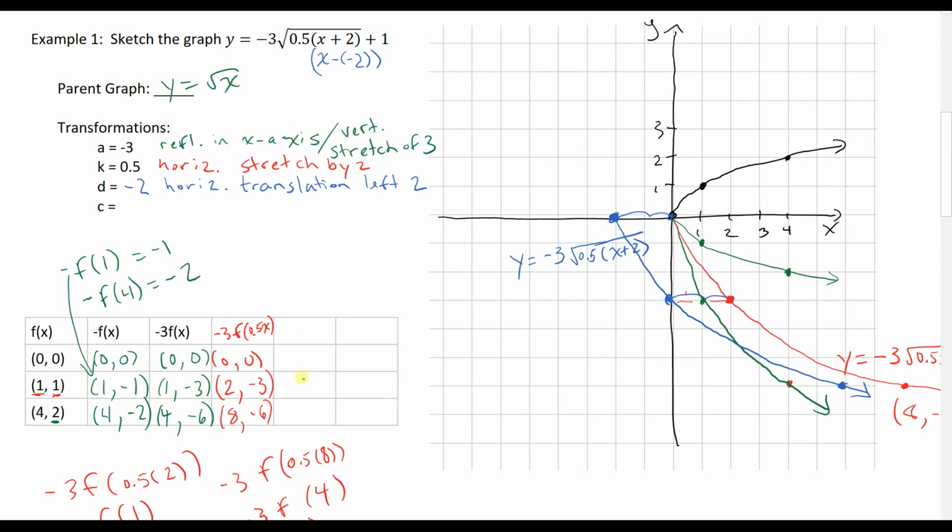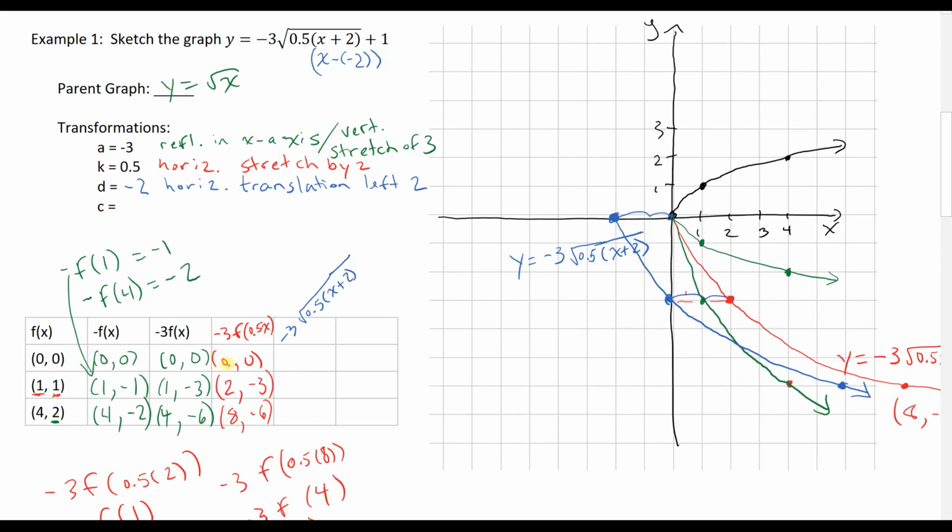Do you want me to show you point-wise how we would deal with the transformation we just did before we move on? So now we're up to -3 square root of 0.5 times x plus 2. Basically, what we're doing to all of our x values is moving them 2 to the left. So you're asking yourself, what do I have to put into this function so that inside the function would give me a 0?